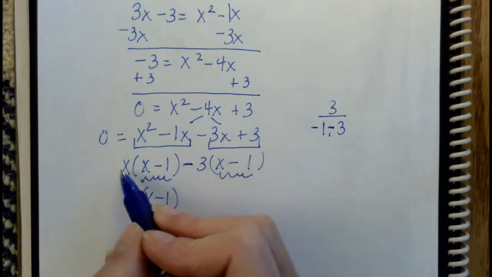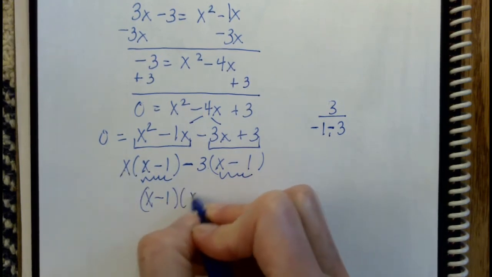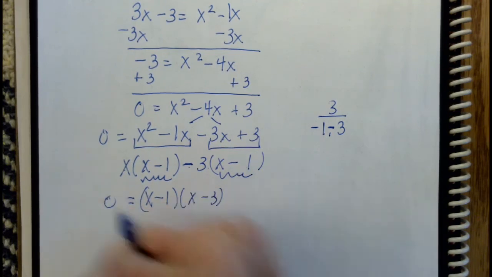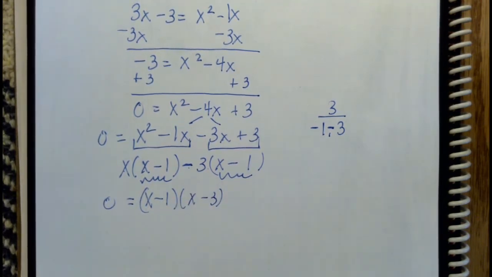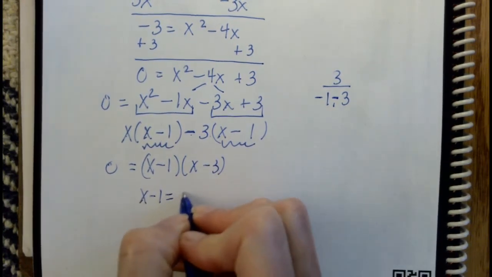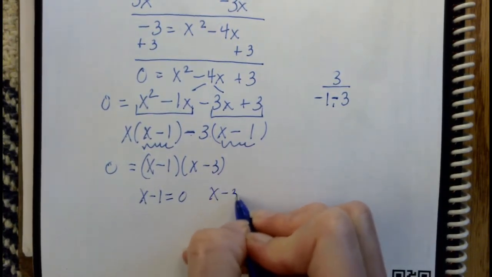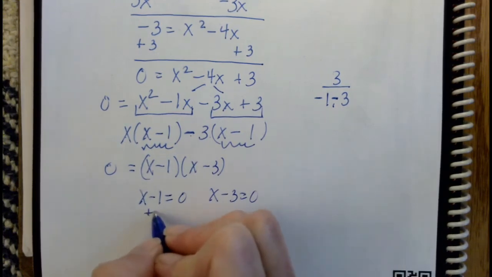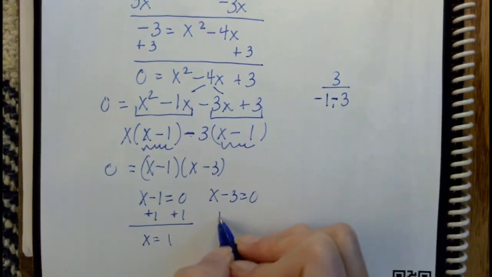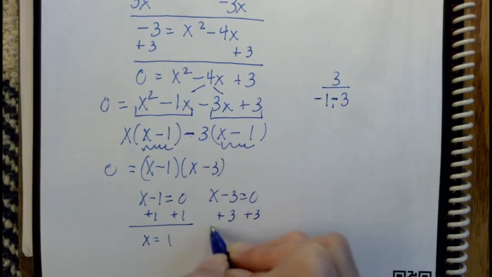And then we're left with an x minus 3. Finally, we can take each of those factors and set them equal to 0. We can add 1 to both sides, get x equals 1. We can add 3 to both sides, we get x equals 3.